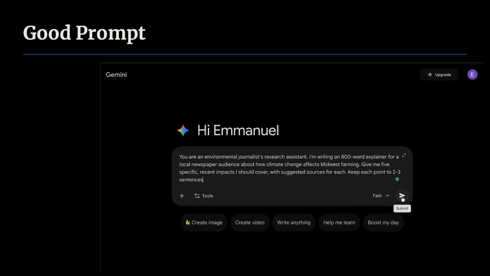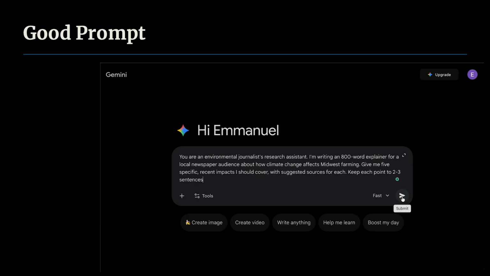Now, here is a better prompt: "You're an environmental journalist research assistant. I'm writing an 800-word explainer for a local newspaper audience about how climate change affects Midwest farming. Give me 5 specific recent impacts I should cover, with suggested sources for each.